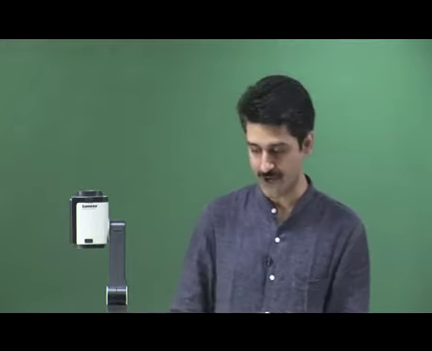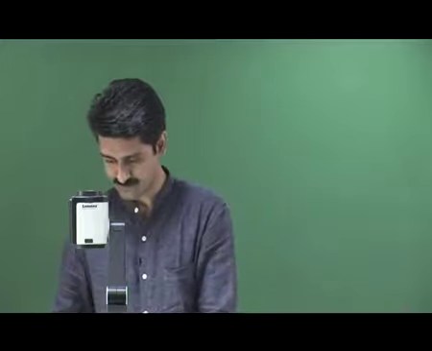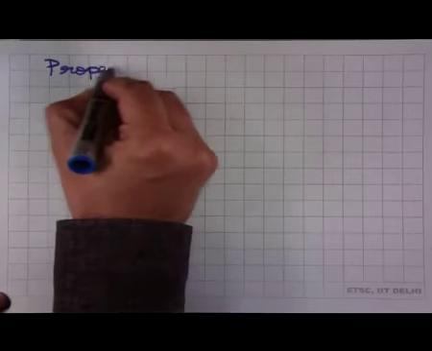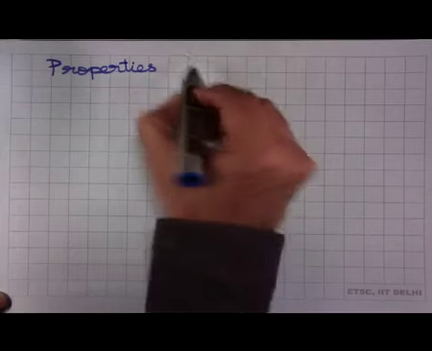We will start by looking at the properties and try to verify them using some examples, to get an idea of why certain properties make sense. Properties of determinants.